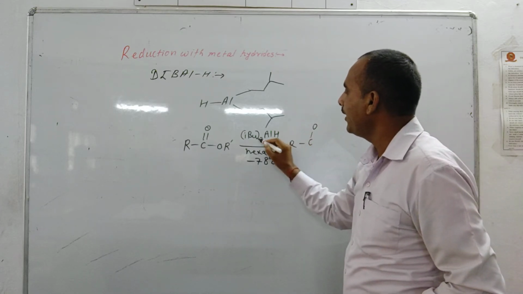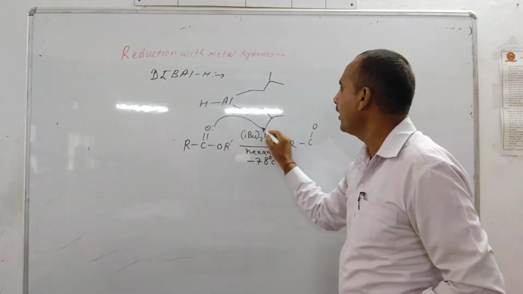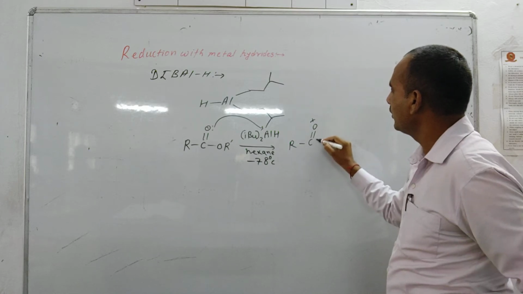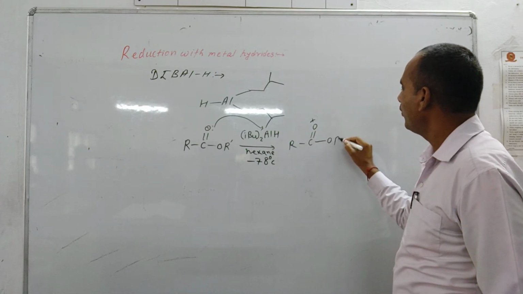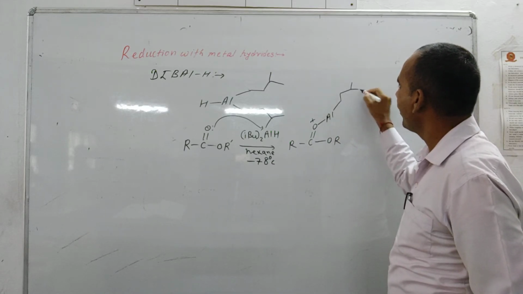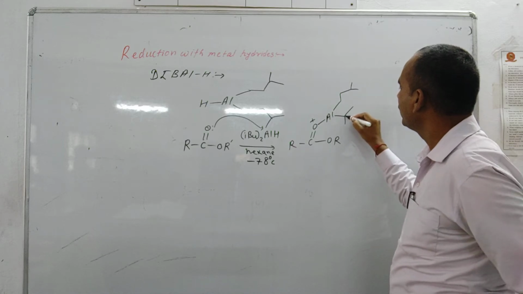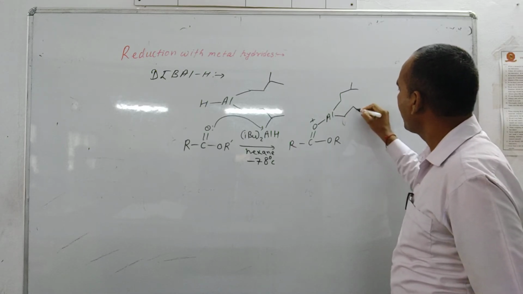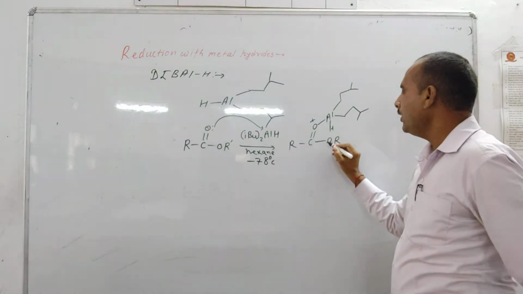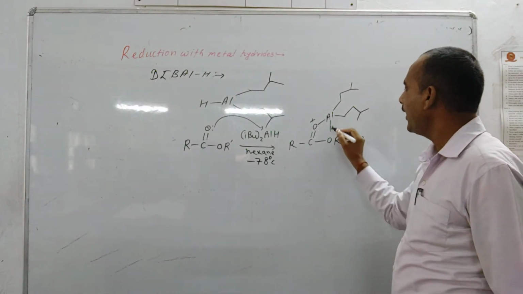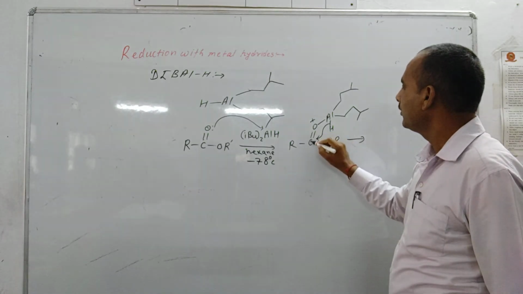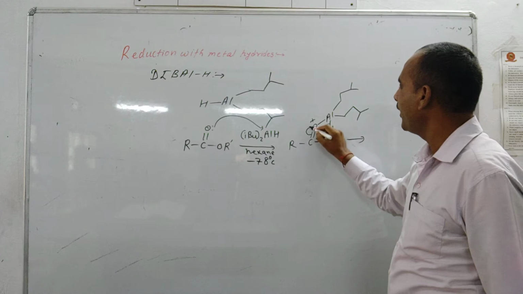RCO, the oxygen lone pair attacks on aluminium, so there is plus OR, Al isobutyl, isobutyl and H. Now the hydride is transferred here and the lone pair is retained.